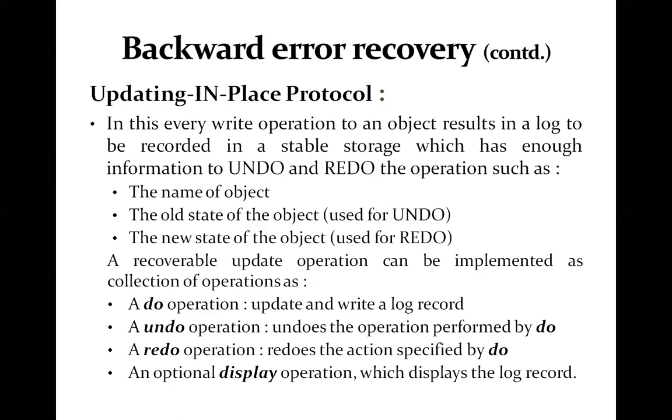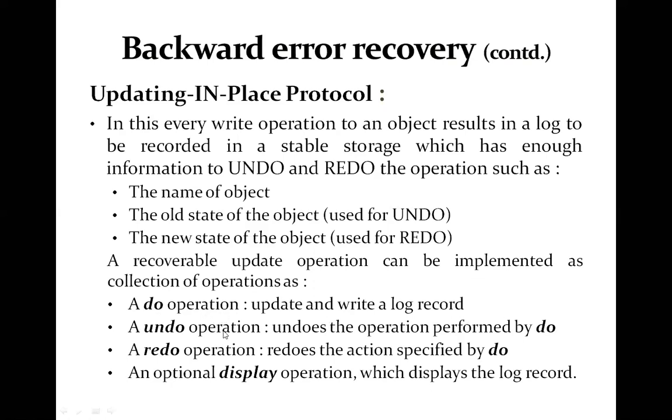So a recoverable update operation can be implemented as a collection of these operations: first is the do operation, then the undo operation, redo operation, as well as the display operation. The do operation is going to update as well as write a log record.